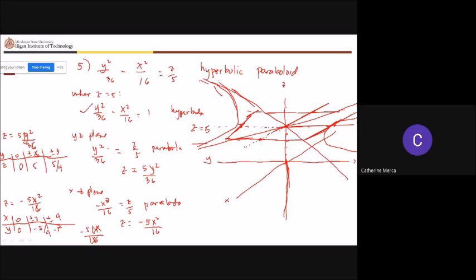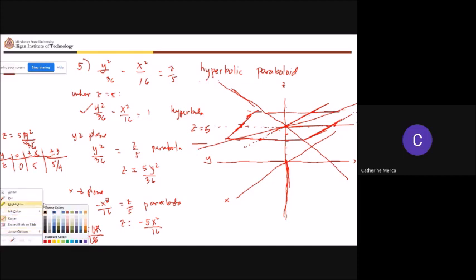Can I change the ink color of the pen? Black. I'll erase the red so you can see the hyperbola. Let's see, eraser. I'll erase the red so you can see the hyperbola. Ink color black. So this is the hyperbola.